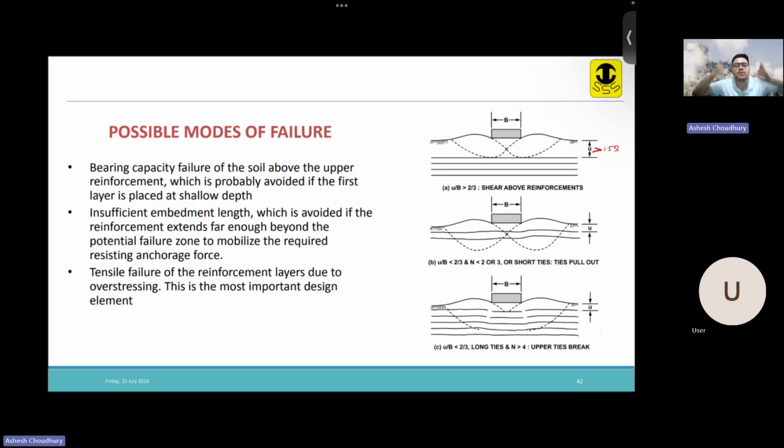It doesn't even interact with the reinforcement. So it is a bearing capacity failure of the soil above the reinforcement, which is avoided if the first layer is placed at a shallow depth.